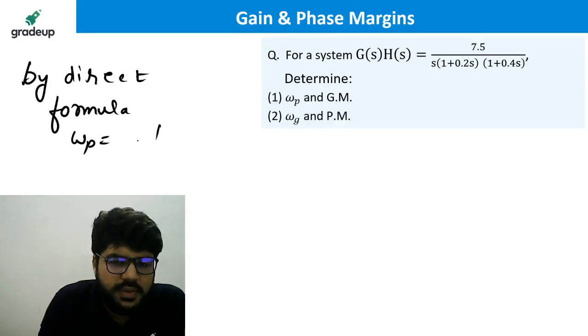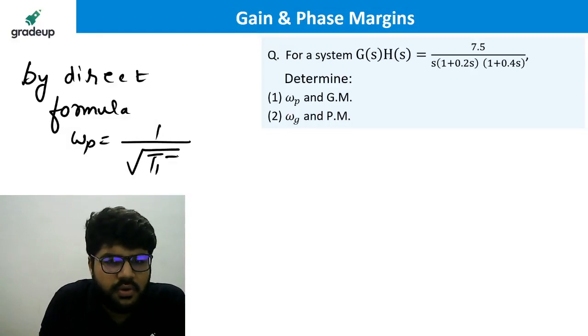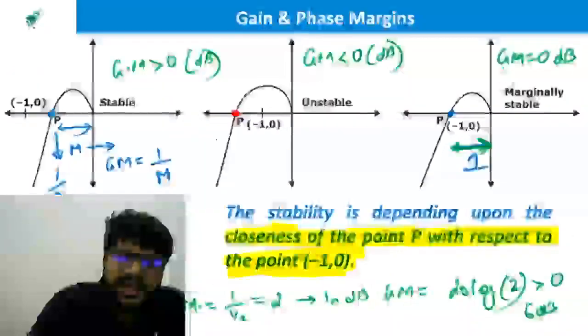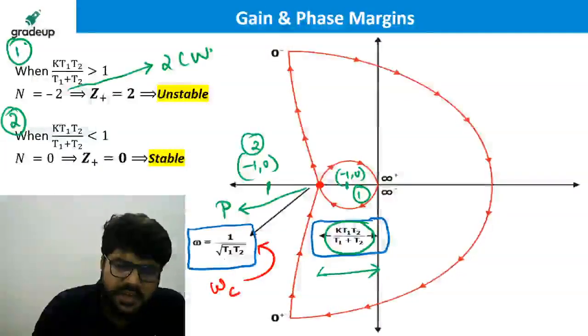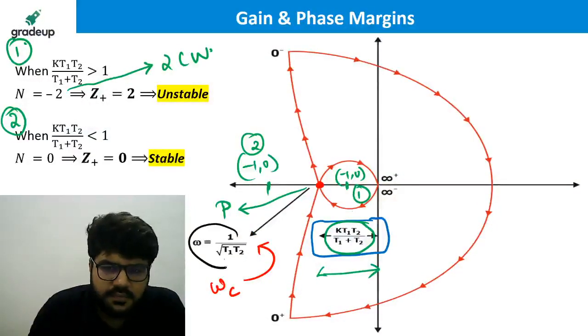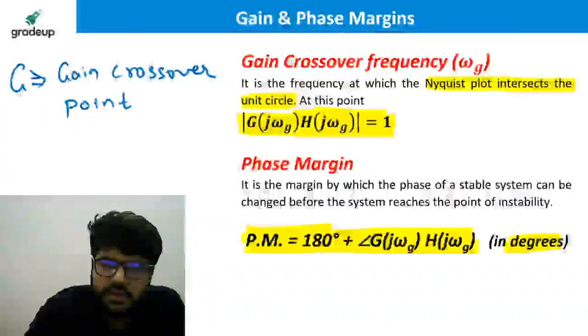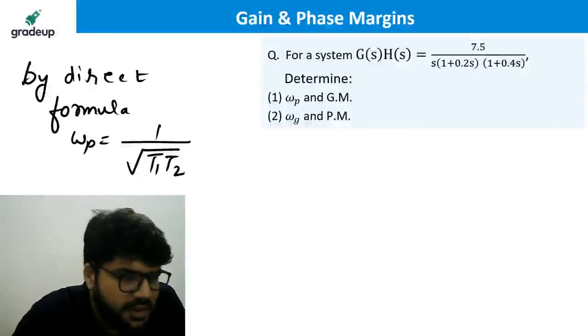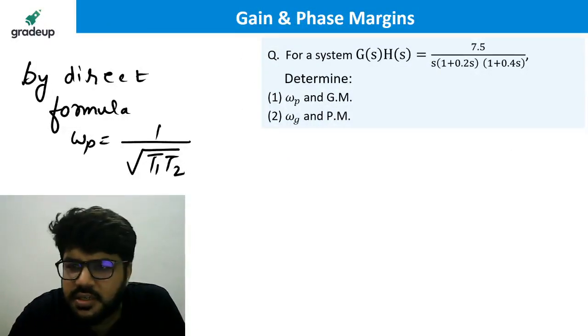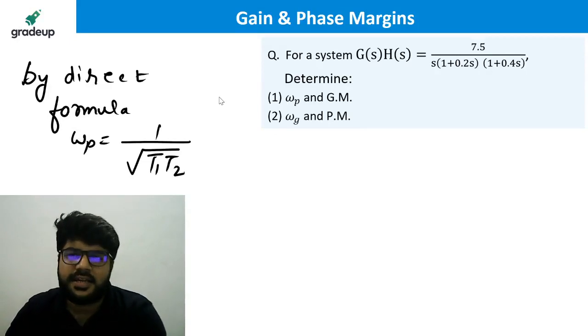For now I will only call it ωp, and that is 1 upon root T1 T2. By the direct formula, if we take from where we started, 1 upon root T1 T2, this one. No, Zain, that's not a derivative.